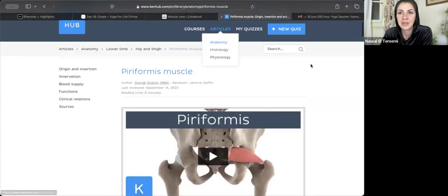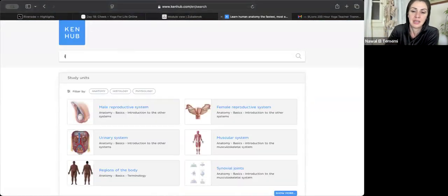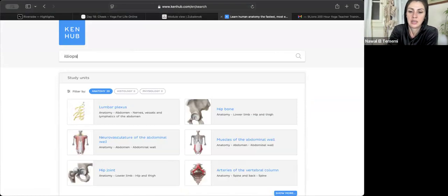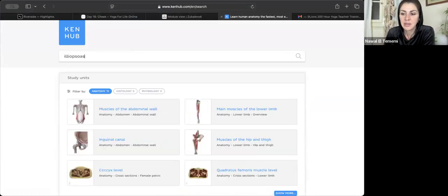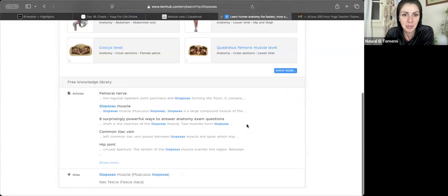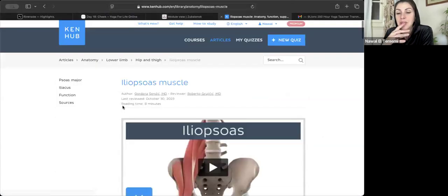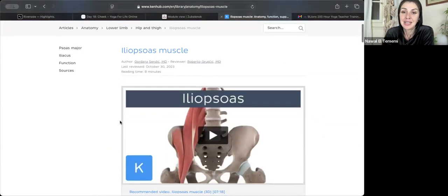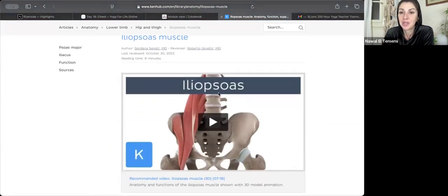Oh, the iliopsoas. So the psoas or the iliopsoas muscle, when people talk about the muscle of the soul or your fight or flight muscle, this is the psoas or the iliopsoas.